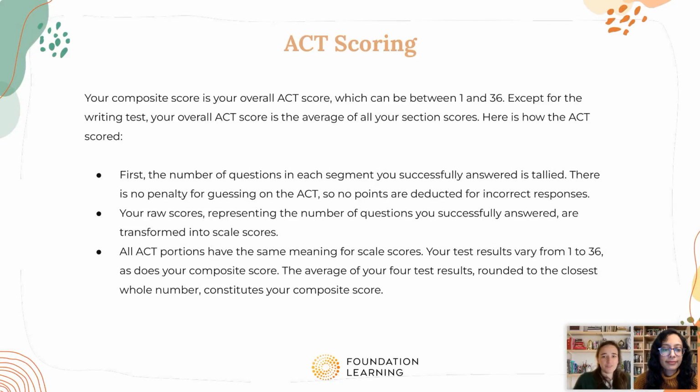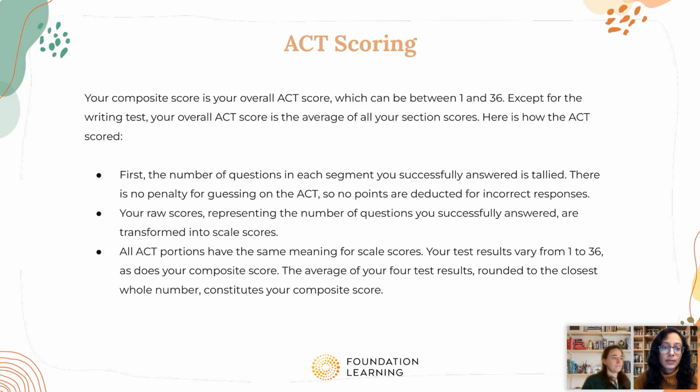All right. So if you've done any research into the ACT, you know how the scoring works, but we'll talk about it again here just so you know how you'll be graded. Right, so the number 36 might sound familiar. That is the highest composite score that you can achieve on the ACT. But the composite score is determined by taking the average of all the section scores.